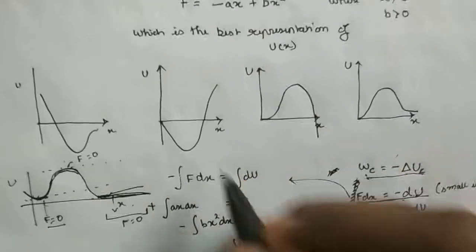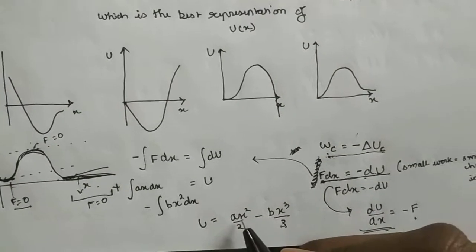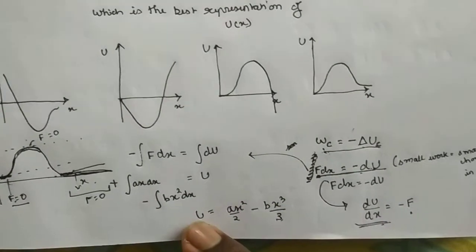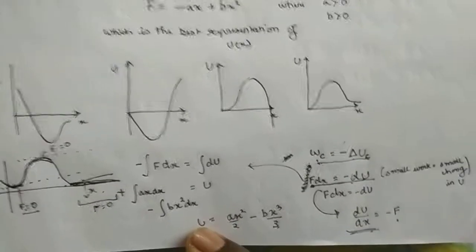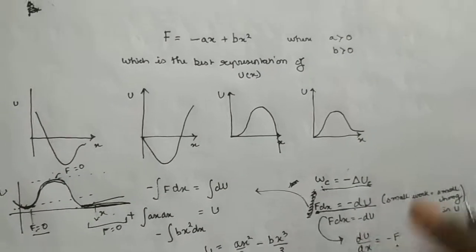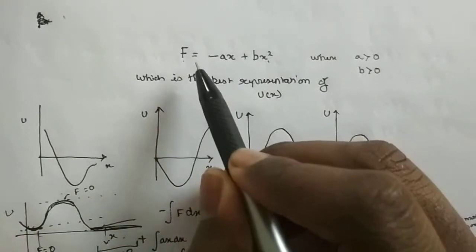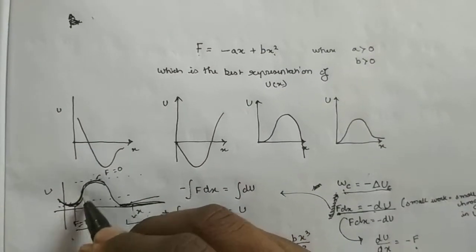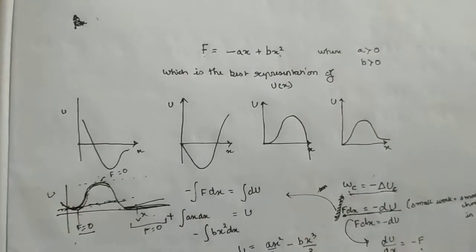Now if you notice, u is totally dependent on x, so if we put x equals 0, u has to be 0. And not only that, if we put x equals 0, f is coming 0. That means at 0 there has to be a tangent parallel to the x-axis.